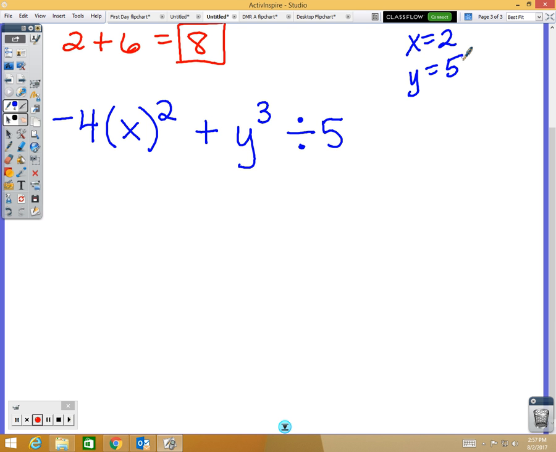Write it down. Write it down. This will be our last problem, and then I'll give you time to work. So once you've written the problem, the next thing we want to do is rewrite it by substituting. So I'm not doing any math right now.